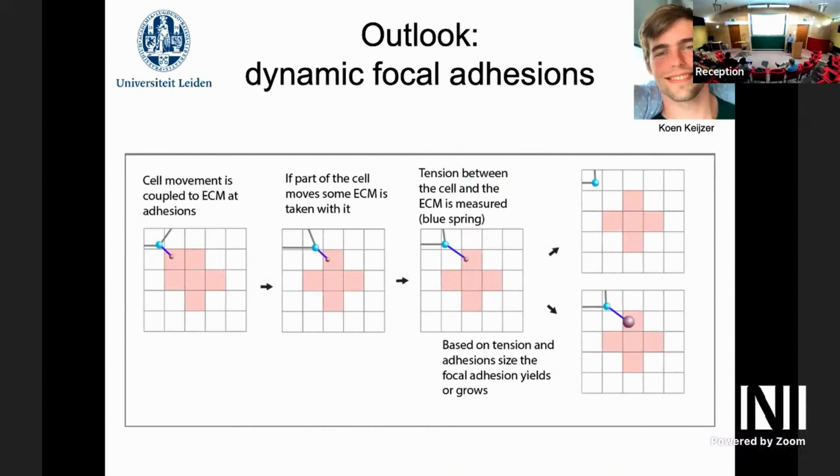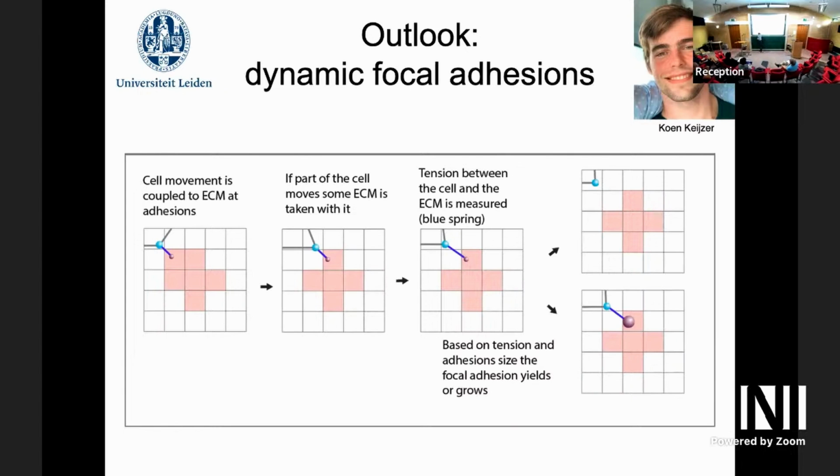The outlook. This is now work by Numerical, the PhD student in my group, and he's looking at how he can bring back those dynamic focal lesions into the system. The nice thing of having this molecular dynamics framework is that we can now replace the focal lesion springs.